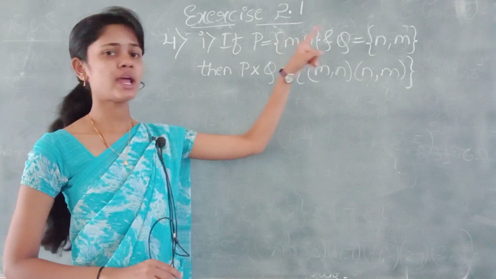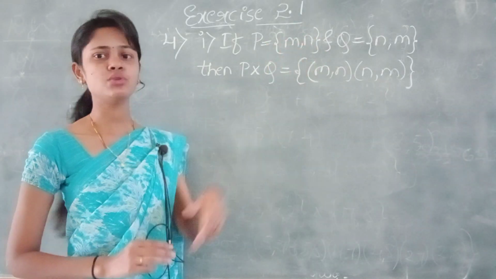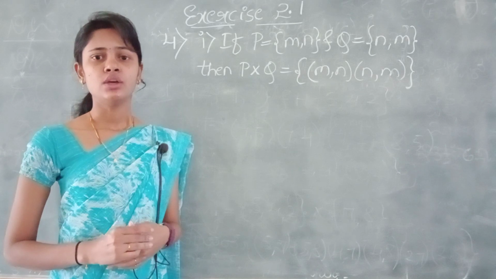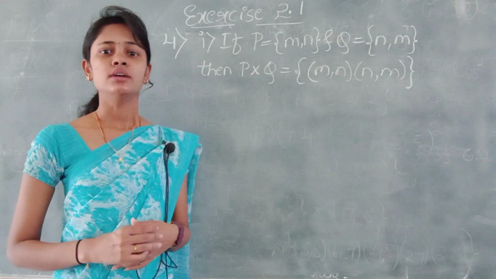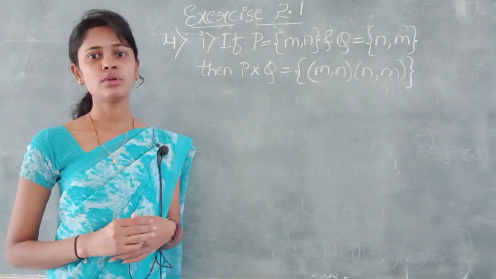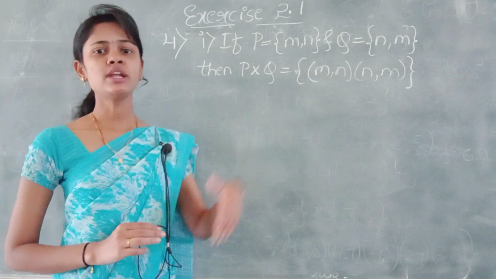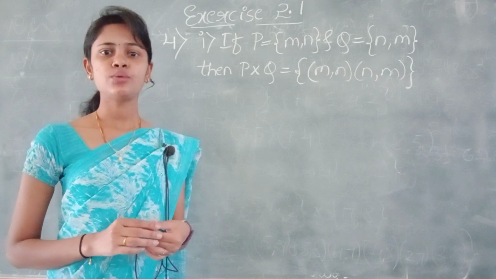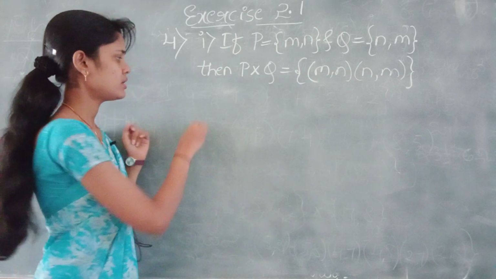So here four elements were there in P and Q. Totally from P and Q 4 elements were there. So you should be knowing that the possible ordered pairs must be 4. So here only 2 ordered pairs are there. Therefore the given statement is false, right?